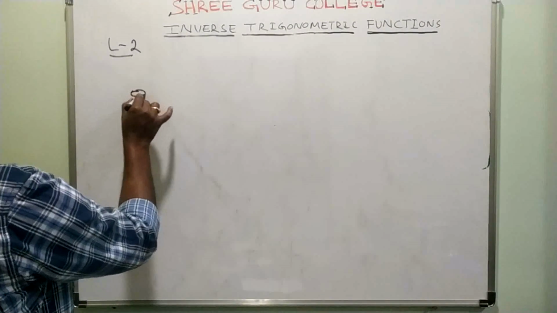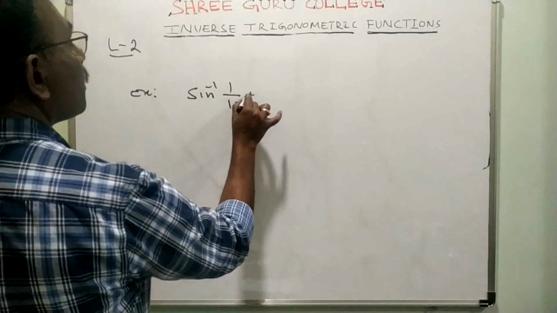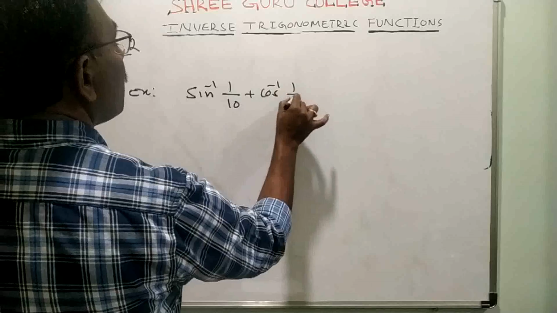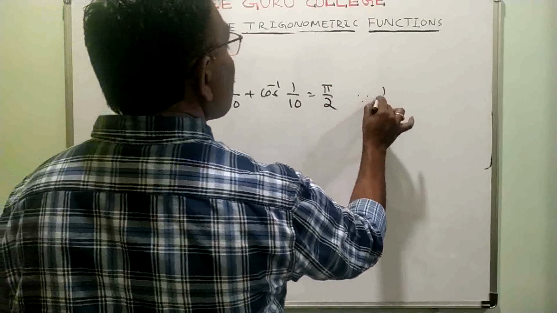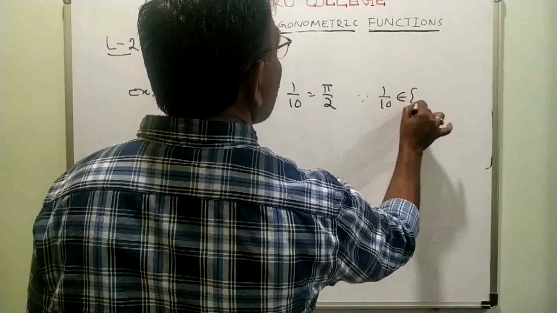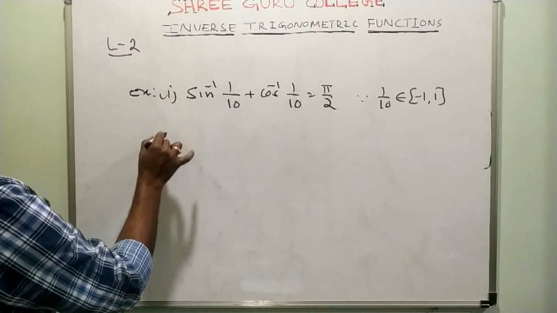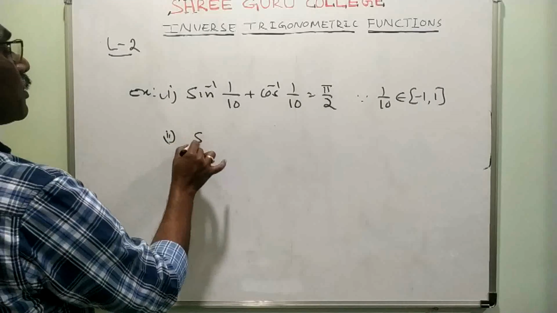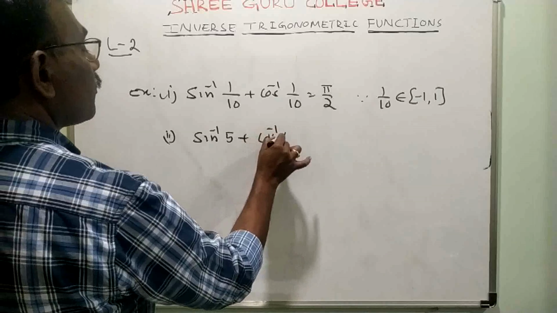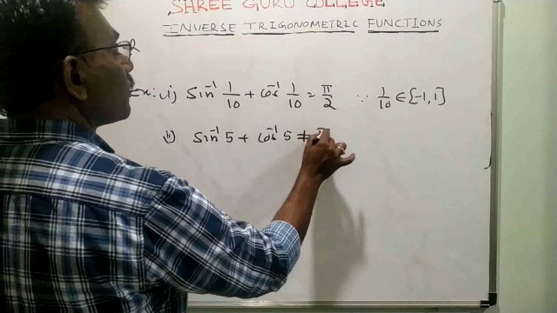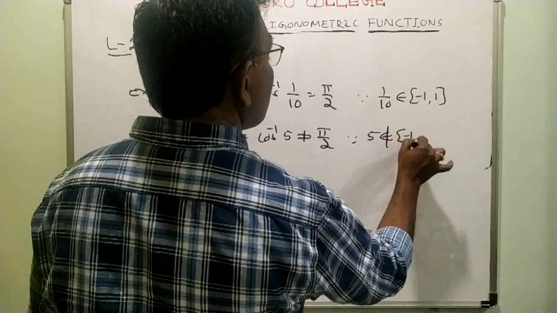For example, sin inverse of 1 by 10 plus cos inverse of 1 by 10 is equal to pi by 2, because 1 by 10 lies between minus 1 and plus 1. Second one, sin inverse of 5 plus cos inverse of 5 is not equal to pi by 2, because 5 does not belong to minus 1 to plus 1.